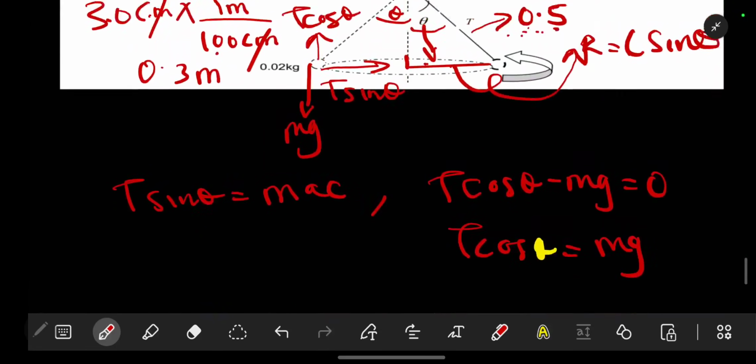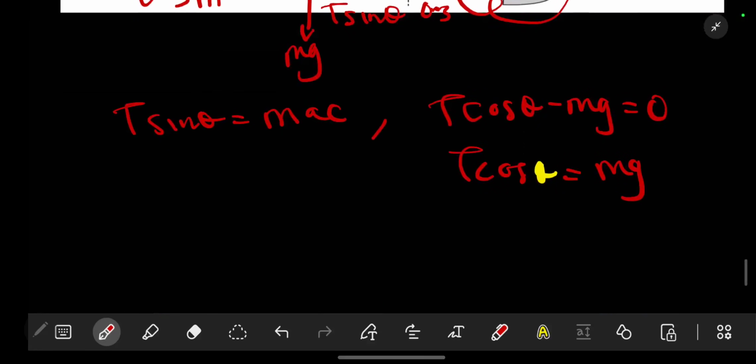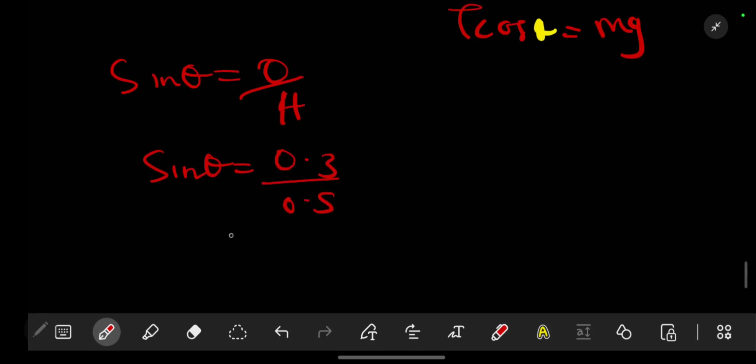So this gives us 0.3 meters. So the radius is 0.3 meters, knowing that the trigonometric ratio you can use, opposite over hypotenuse, is sine. So you can say the sine of theta is equal to opposite over hypotenuse. What is our opposite? Opposite is 0.3 over our hypotenuse, which is 0.5.